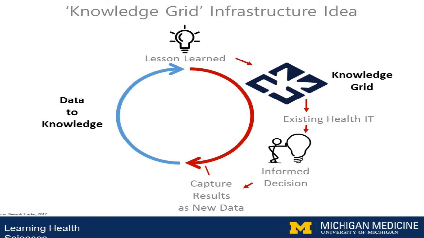But the analytic capabilities, which are profound, need to continue to grow and get better, and ultimately be connected to what we're doing. And then existing health IT, which we've already talked about a lot today, EHRs, health information systems, hospital systems, and so on, also need to somehow connect to this knowledge grid. So the knowledge grid is just one piece, but we think it's a critical one.